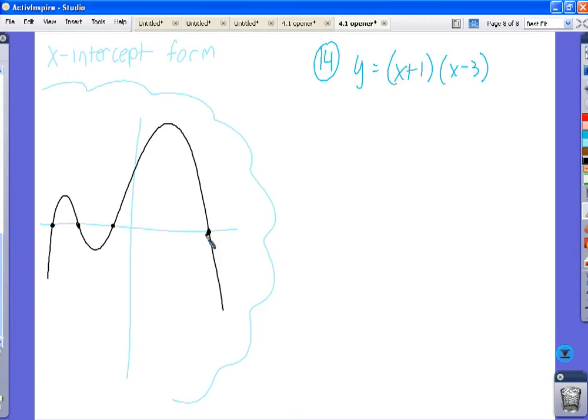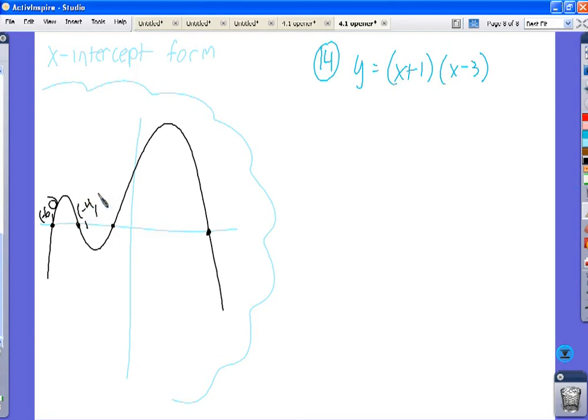That's the whole point: when your graph crosses the x-axis. When you're on the x-axis, say this is -6, that's -6 comma 0. Because on the x-axis you don't go up, you don't go down, you stay where you are, a y of 0.